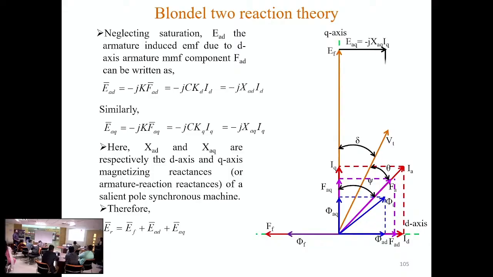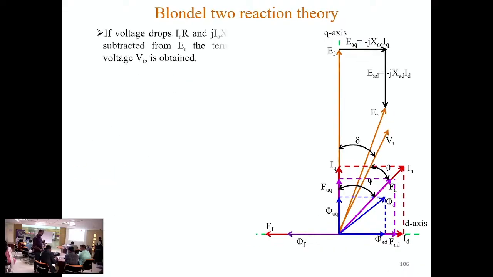So C and KD are some constants. After subtracting these two drops from EF, we get this voltage ER, which is the voltage behind the leakage reactance. Now we have this XL and IA R.